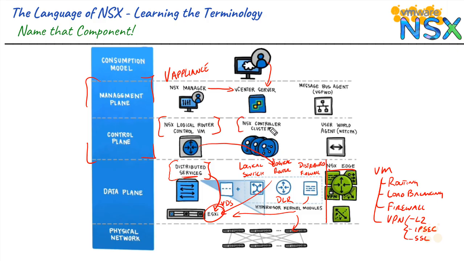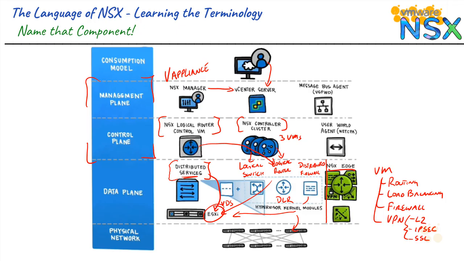Likewise, we're going to have the NSX control cluster, which is responsible for all of the control plane operations for switches and also provides some other elements of control operations for our logical routers. It is a cluster of 3 VMs. It's not 1, it's not 2, it's not 4 or 12, it's 3 VMs installed into a cluster on vSphere.